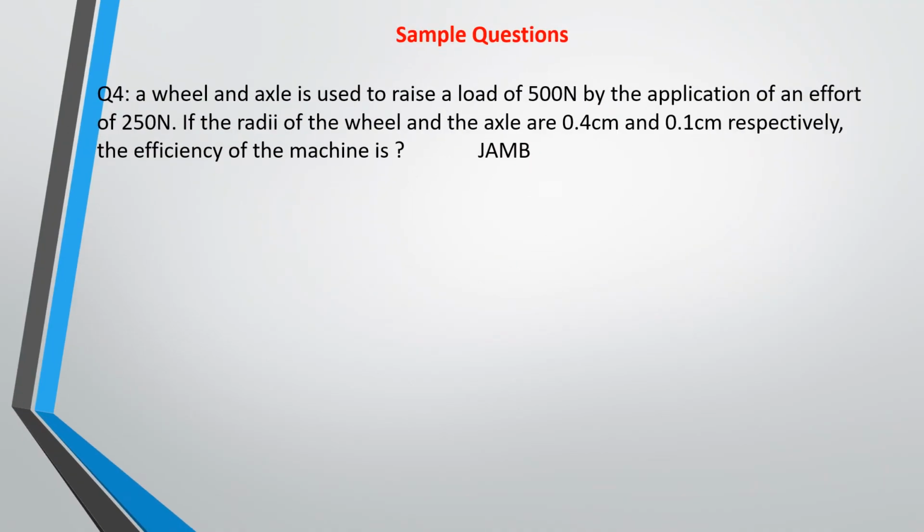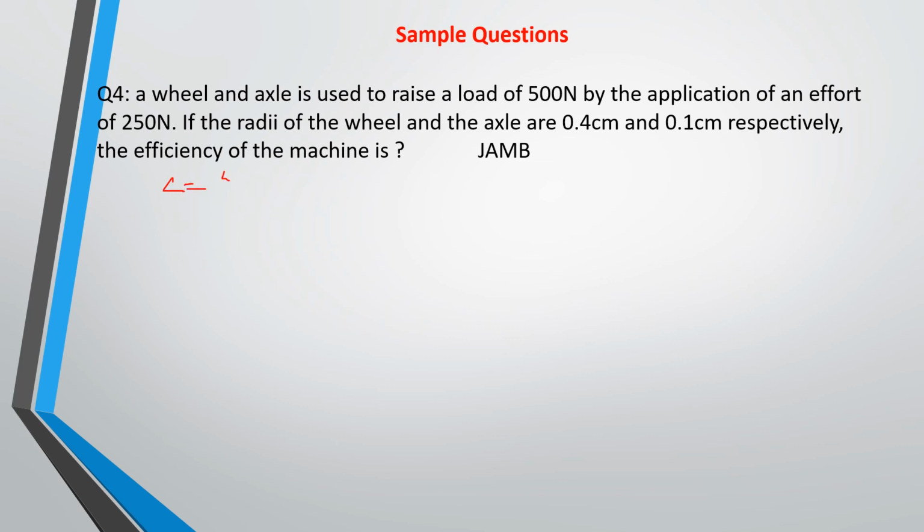Right, so this is a sample question that we need to look at. A wheel and axle is used to raise a load of 500 Newton by the application of an effort of 250 Newton. If the radii of the wheel and the axle are 0.4 and 0.1 respectively, the efficiency of the machine is what? Okay, so here you are given the load.